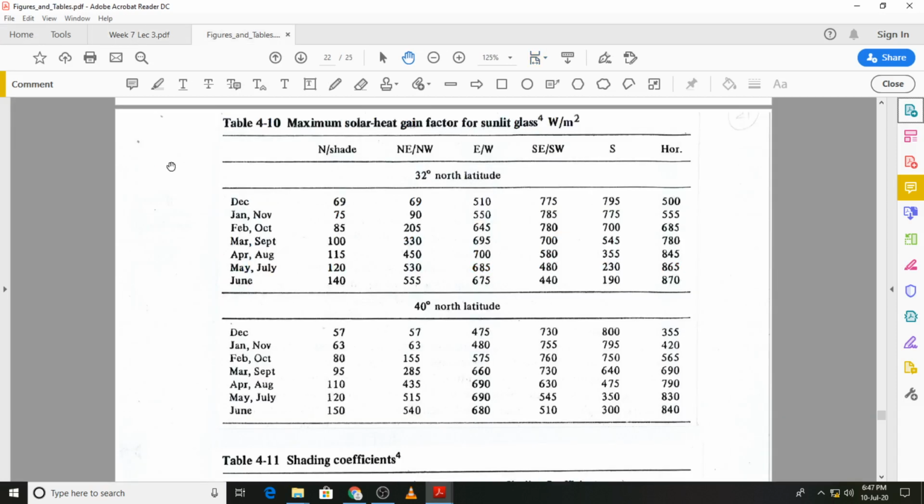So the first is the maximum value of solar heat gain factor. We are given two sets of data, one for 32° north latitude, the other for 40° north latitude. The building that we are interested in has a latitude of 40° north. So the second set of data is what we are going to use.